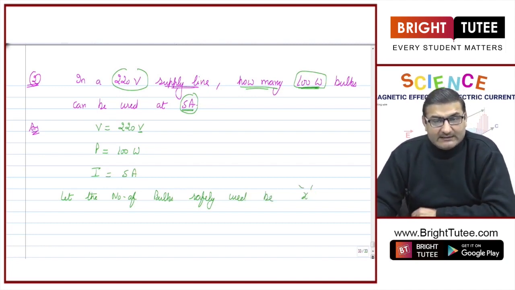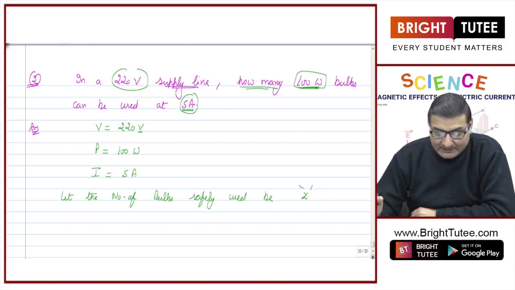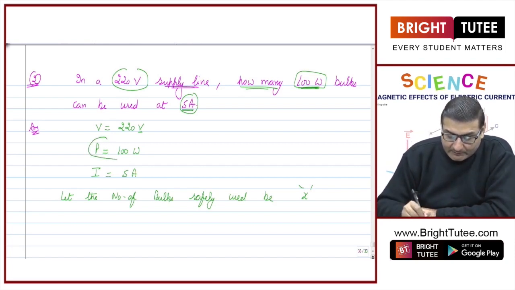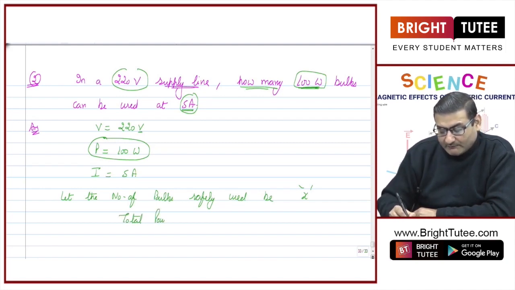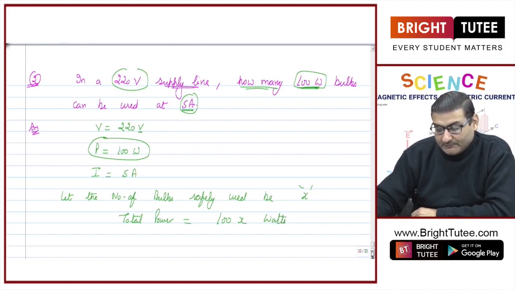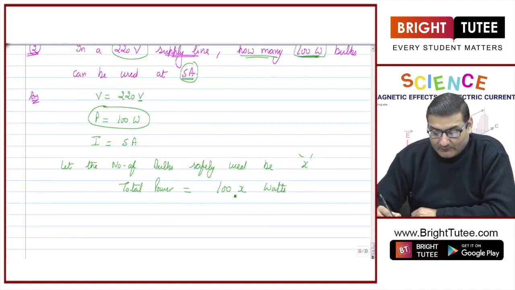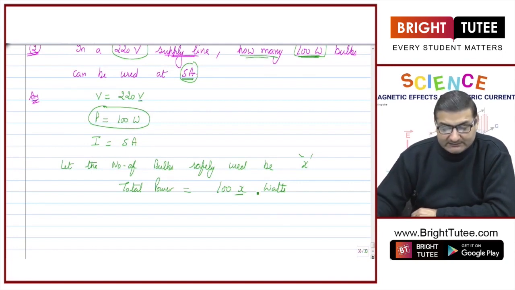Now if the power of one bulb is 100 watts, then the total power of these X bulbs will become 100X watts. Simple, right? So now we have to calculate the value of X.